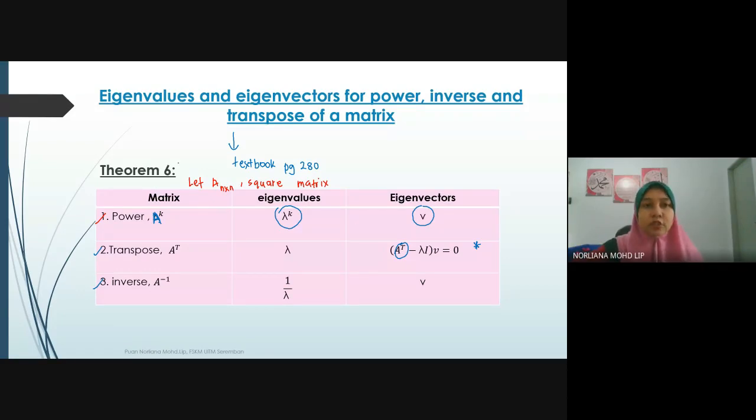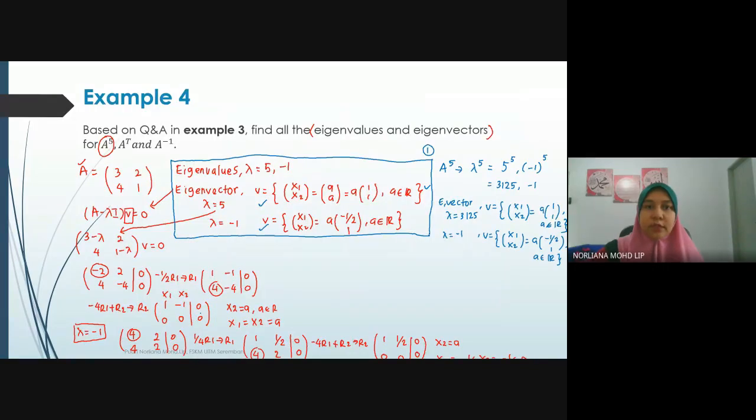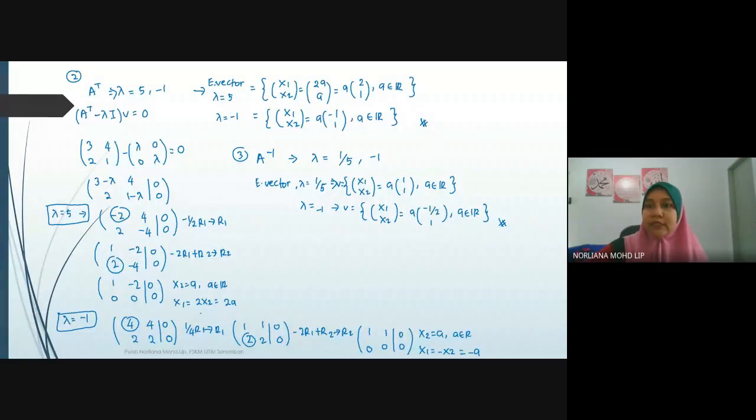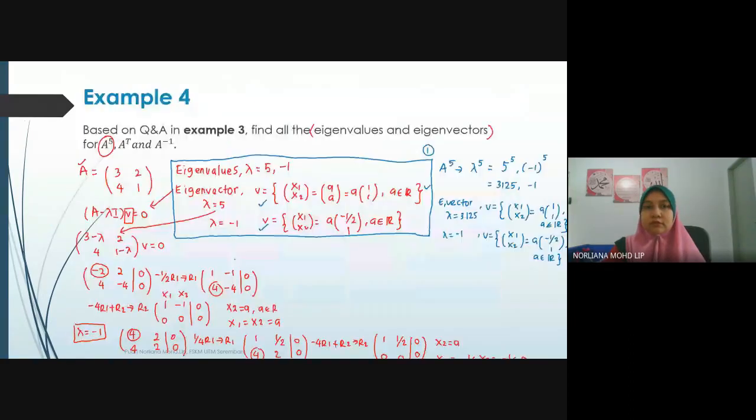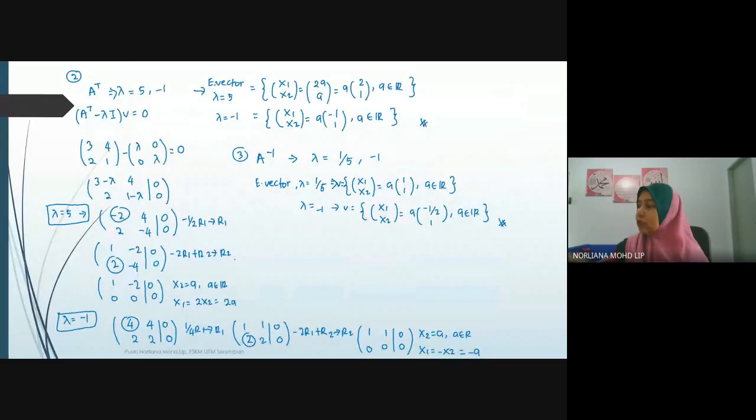Ni kira shortcut lah untuk cari eigenvalues and eigenvector for power, transpose and inverse matrix. Soalan past year tak pernah lagi lah keluar yang ni, soalan based on theorem 6 ni.